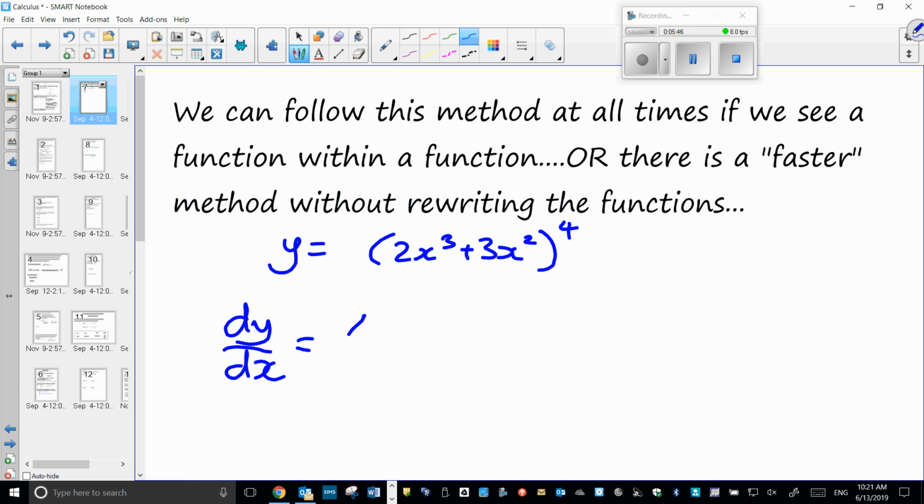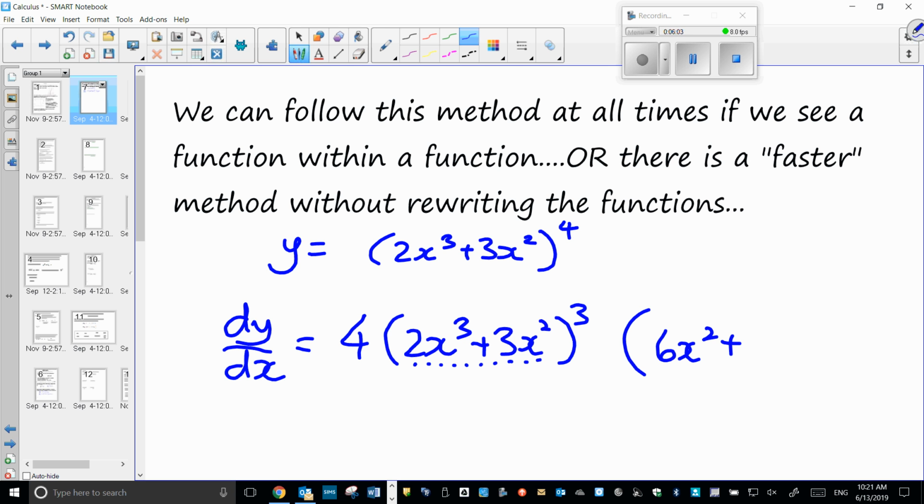So my power comes in front, and I take one off the power. And then you multiply by the derivative of what's inside the bracket. And that's it. That's how the chain rule works.